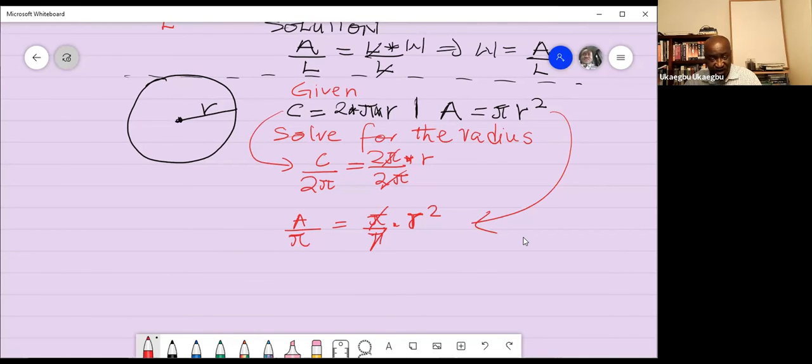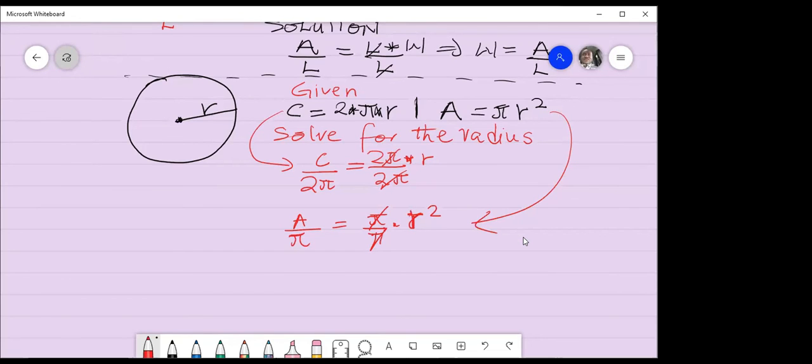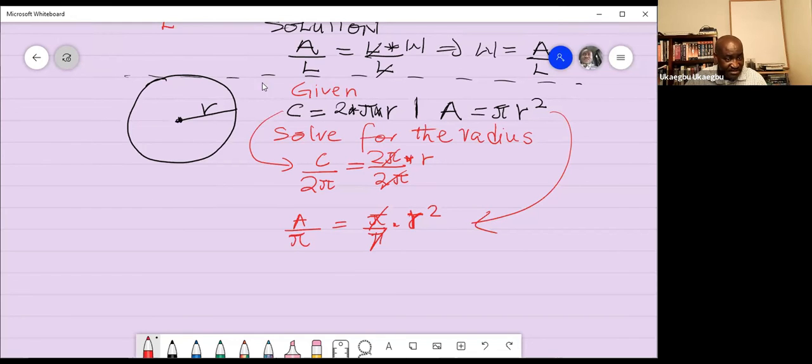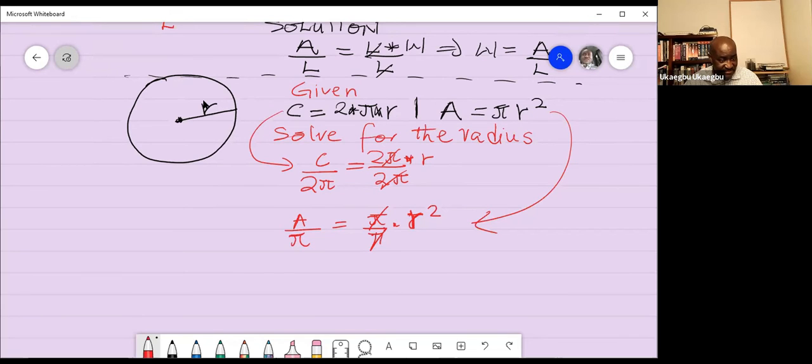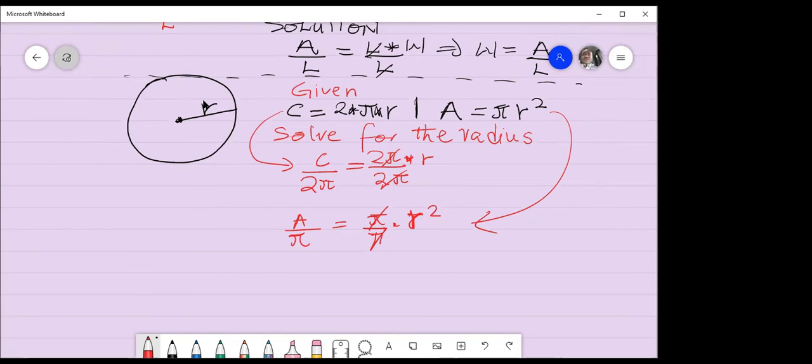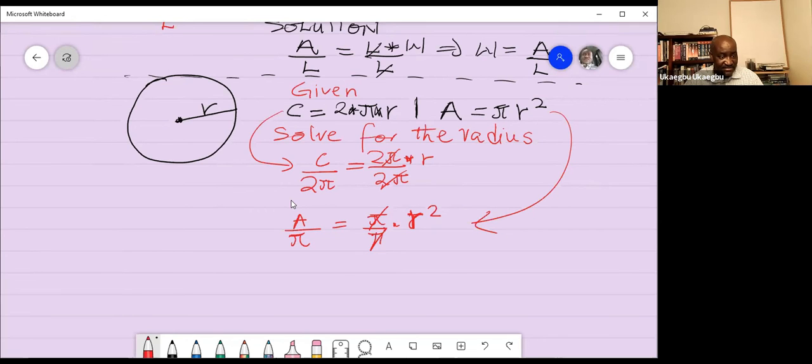So now we are not looking for r squared, we are looking for r. Okay, next, who is going to help us out from this point? Somebody volunteer. You can square root both sides. Okay, so Yang said square root both sides.